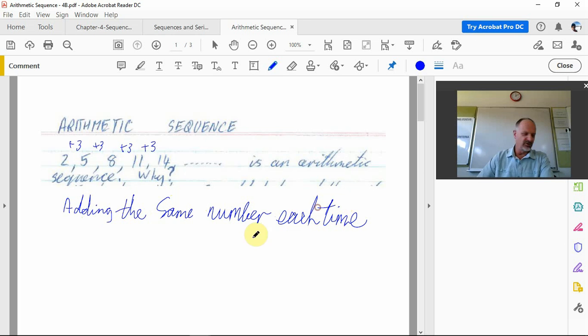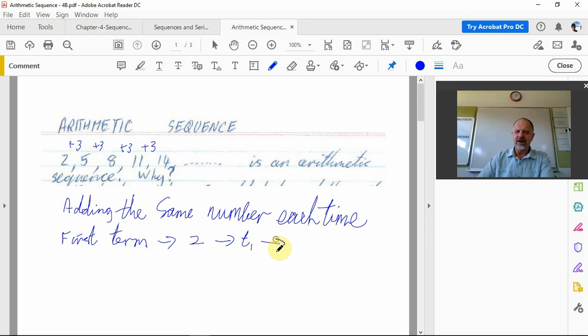All right, the same would happen if we were subtracting the same number each time. So let's have a look. The first term is 2, I should say, and it's term 1.